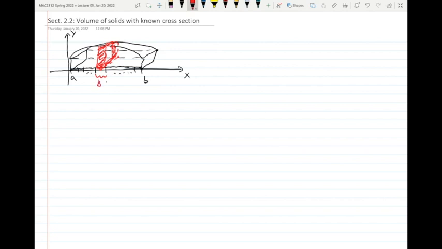Anyways, I'm just going to call this delta x and make the observation that V is the volume of the solid. Then I'm going to call V_i the volume of the ith slice. There are n slices, okay?